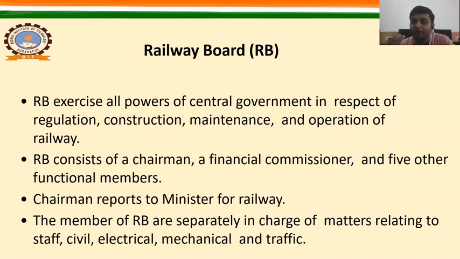The chairman of the Railway Board comes under the Ministry of Railways. The members of the Railway Board are separately in charge of matters related to staff, civil, electrical, mechanical, and traffic. Now we'll talk about the next topic in the next slide.